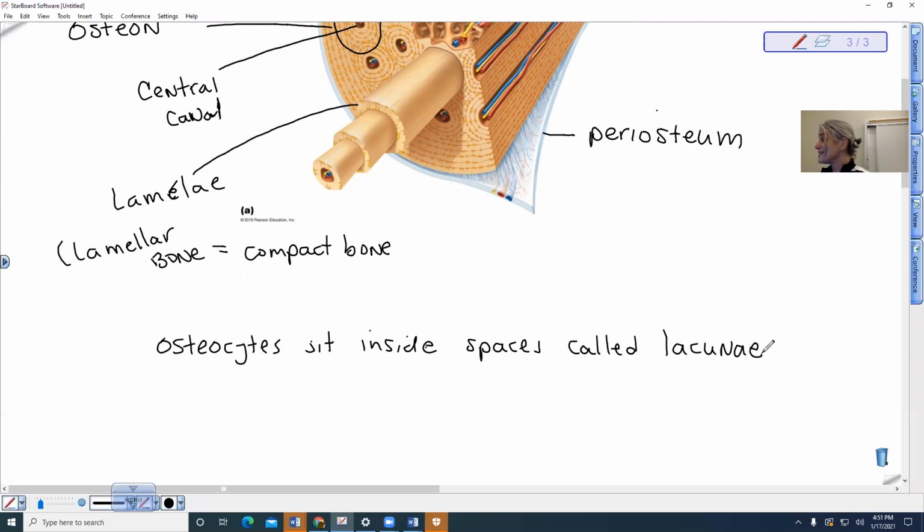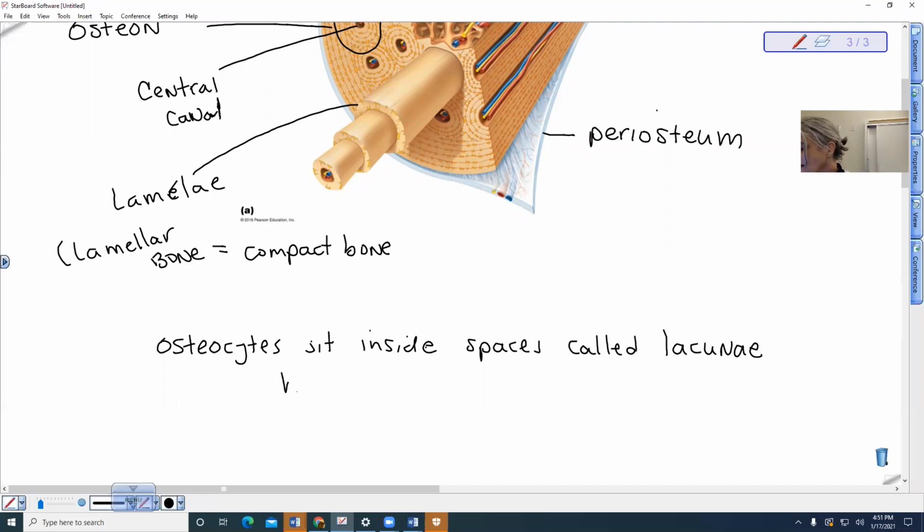And they have cytoplasmic extensions that extend into this matrix that has organic molecules in it, but it also has minerals, calcium phosphate in it, but they extend their cytoplasmic extensions via canaliculi.